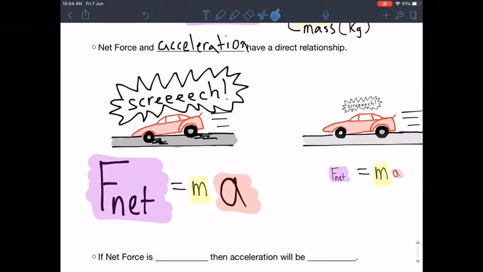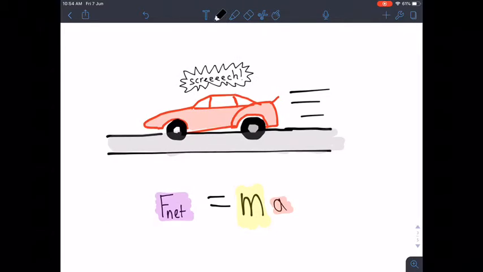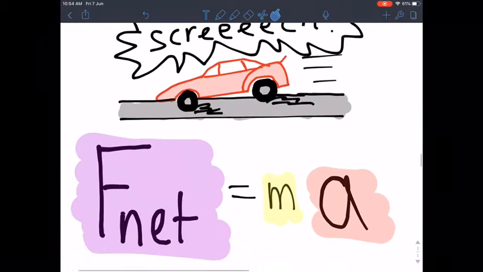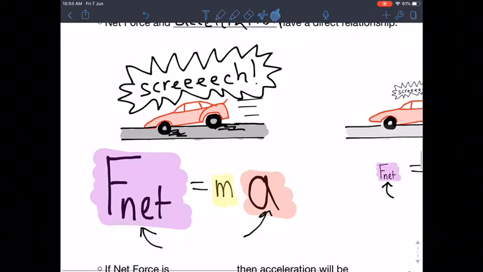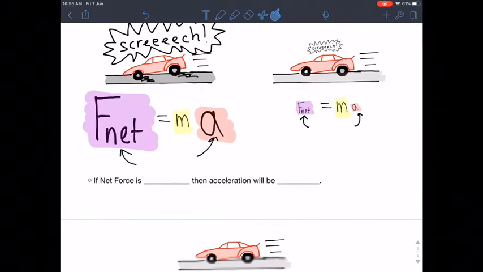If you have a car and you apply the force of the brakes very gently, that car is going to slow down. Slowing down is an example of acceleration, very little. On the other hand, if you apply the force of the brakes very strongly and you have a big net force in this case, then you're going to have a big acceleration and the car is going to stop very quickly. Notice that in these equations, mass is constant.